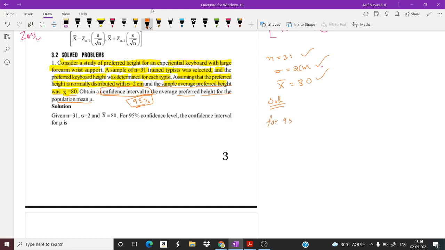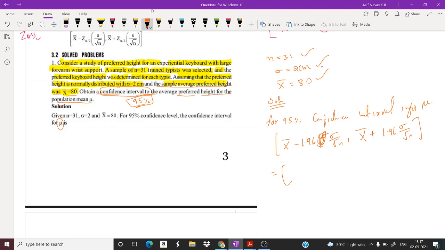For 95% confidence interval, for mu, we want the average value mu, population mu, we know that the interval is x bar minus 1.96 sigma by root n, and x bar plus 1.96 sigma by root n. So this is the interval.